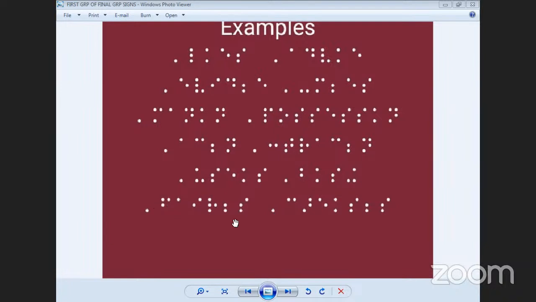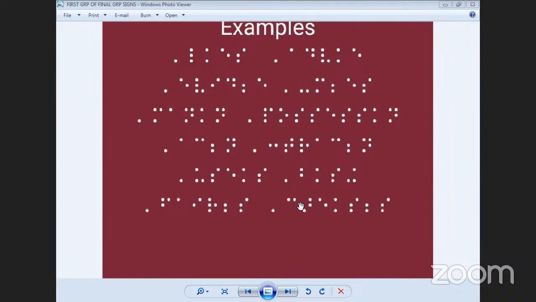Here, yes? Fairness. Fair, then dots 56 S, ness. And this one, the last one here? Careless. Carelessness. Very true. Carelessness.